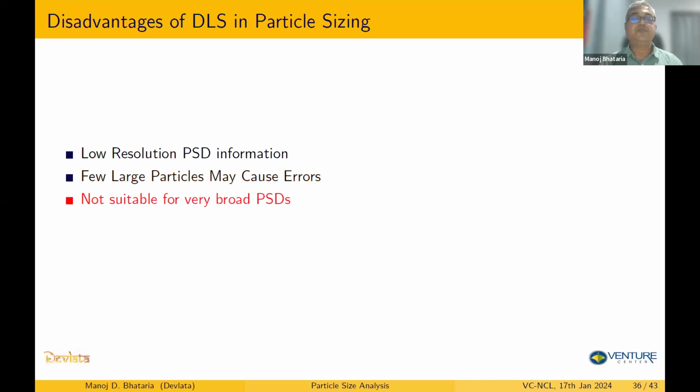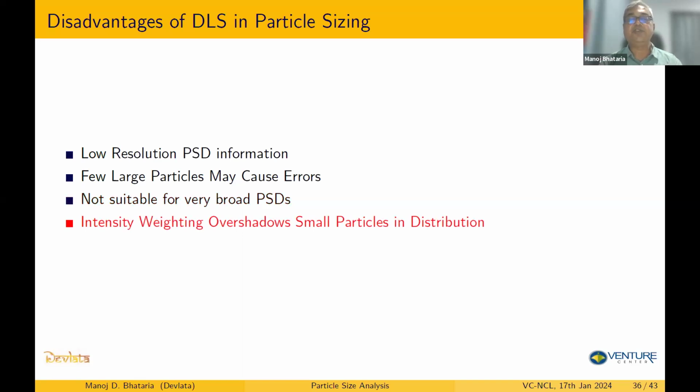So it is not suitable for a very broad particle size distribution. You might have trouble getting good results with this instrument. Since it's intensity weighted, it will overshadow small particles in the distribution.